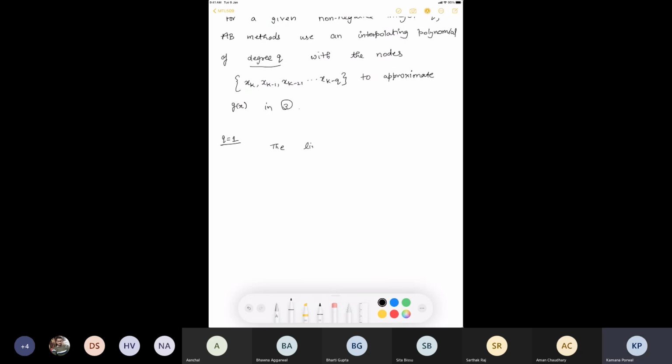So for the linear interpolating polynomial, what are going to be the nodes? When we take q equal to 1, we just have xk and xk minus 1.